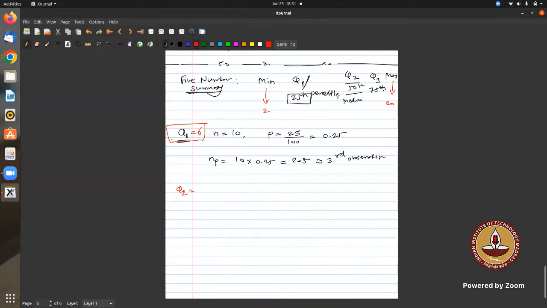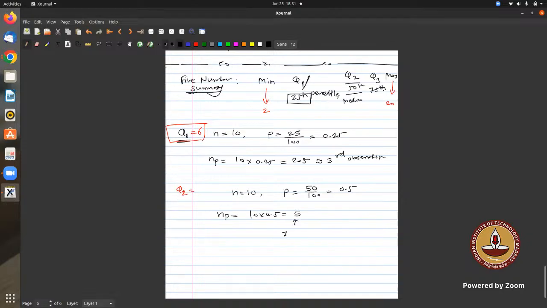Now for Q2, n equals 10, p equals 50 by 100, which is 0.5, and n into p is 10 into 0.5, which equals 5. Is 5 an integer?